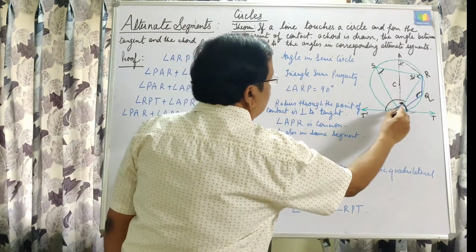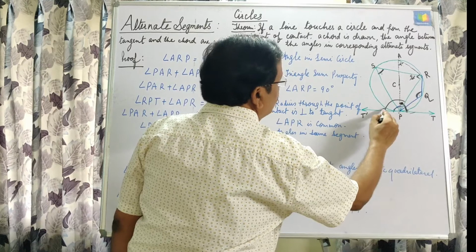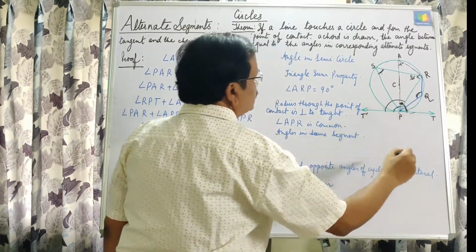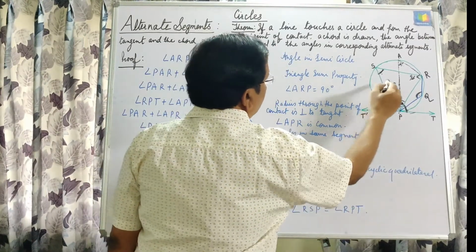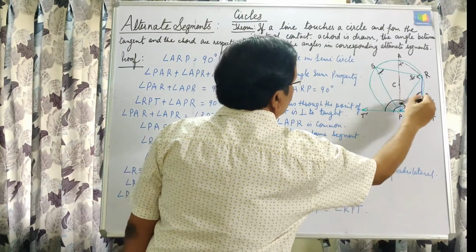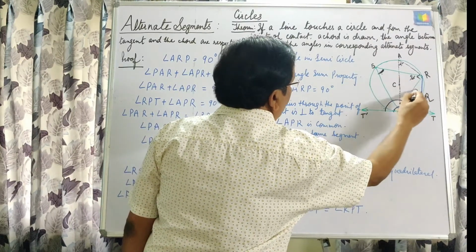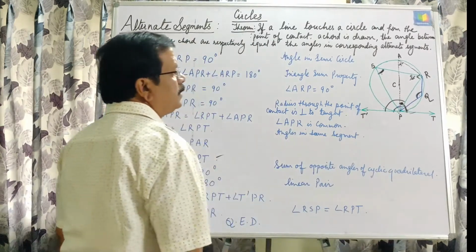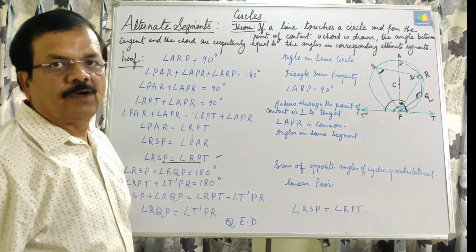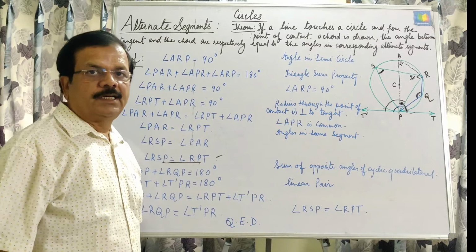Again here this angle plus this angle is 180 because of a linear pair, this is a straight line, and in cyclic quadrilateral SPQR, angle S plus angle Q is 180 degrees because of the property of cyclic quadrilaterals we already studied.